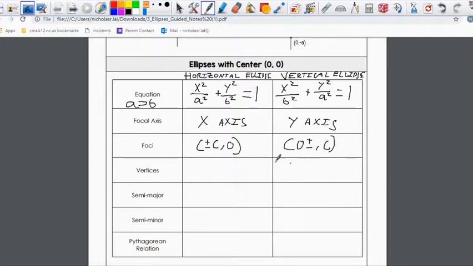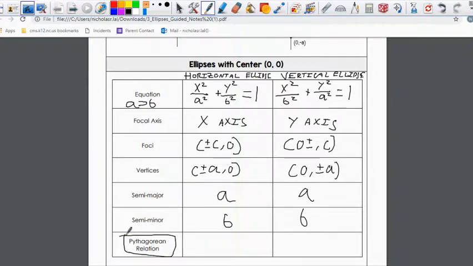The vertices will be at plus or minus a, 0, and here they will be at 0, plus or minus a. The semi-major axis will be equal to a in both cases, b in both cases, and you have the same Pythagorean relation. An ellipse has the Pythagorean relation a squared is equal to b squared plus c squared.